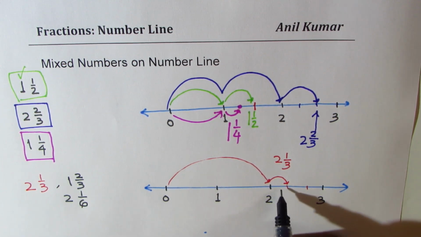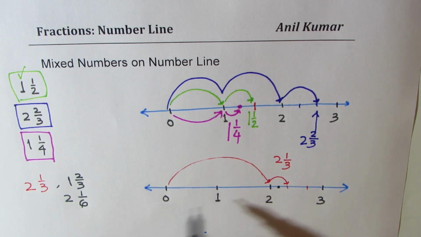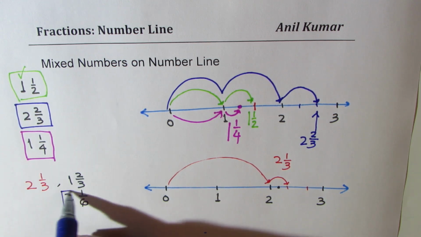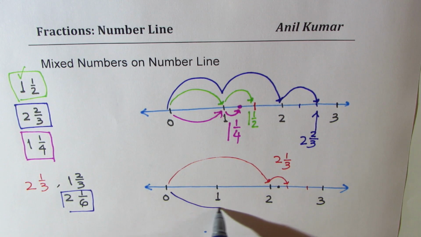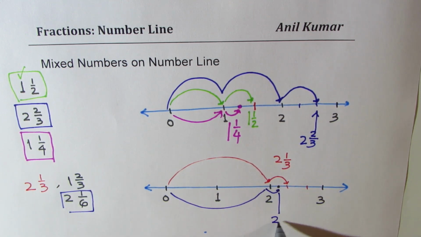Well, 1/6 is half of 1/3. So it will be right here, correct? Since it is 2, 1 over 6, we'll go 2 units. You go 2 units and then 1/6. So this portion will be 2, 1 over 6. Does that make sense? Correct? So that is how you should be doing it.